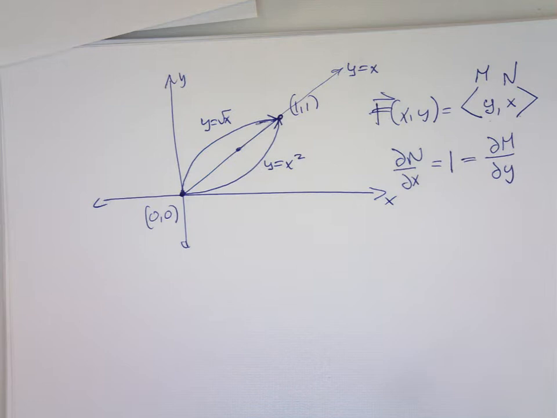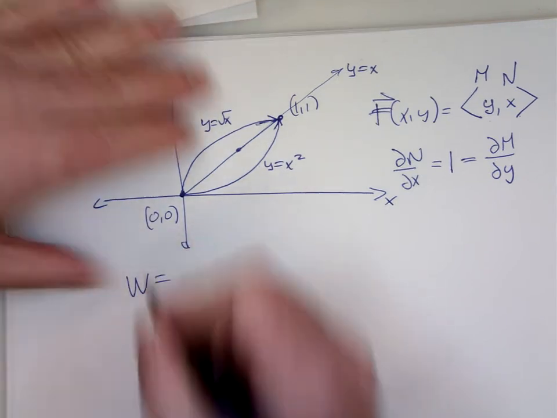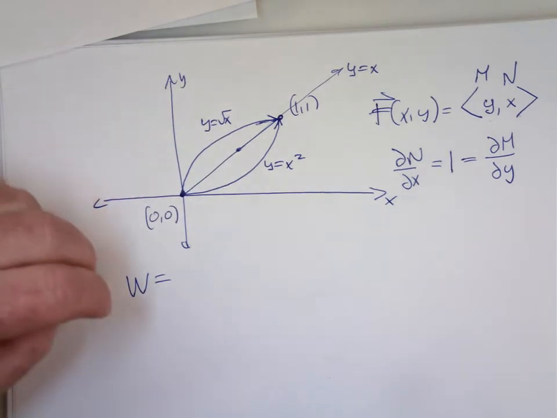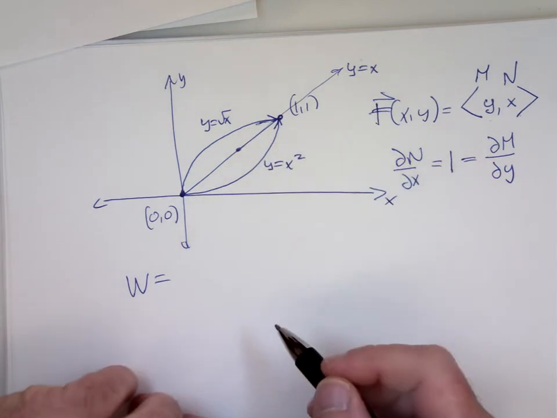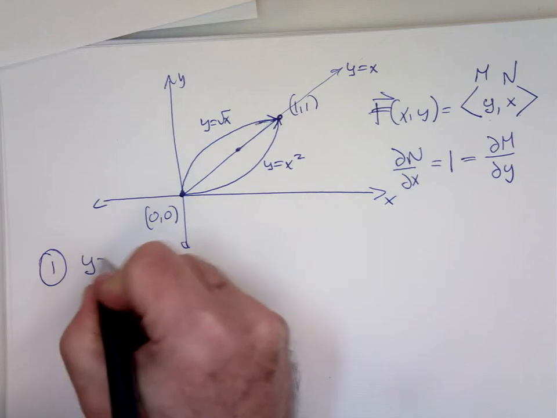Okay. All right, let's take the linear path first. Let's go right along y equals x, the most direct path we can take. The work is equal to... Now, what we have to do is get a parameterization of that path. This is the first one, along the path y equals x.